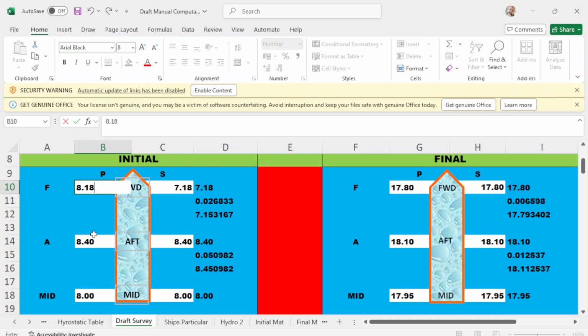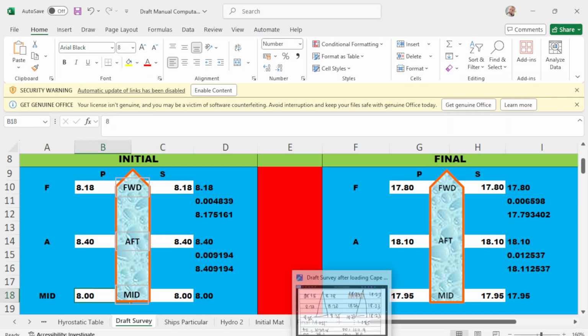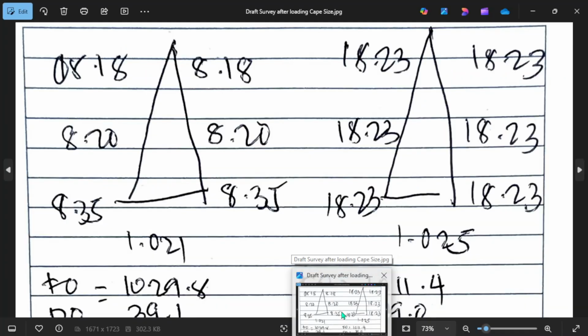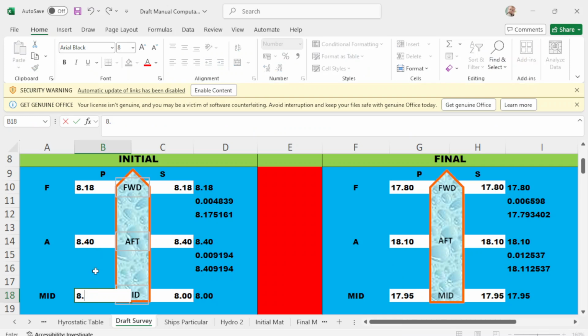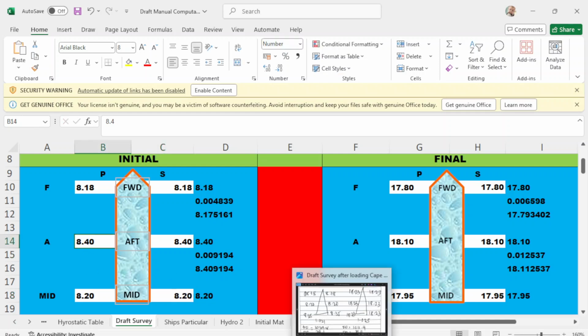8.18 port, and starboard will be 8.18. Okay, and your mid draft is 8.20. So you put here 8.20, and here 8.20, and your aft draft is how much?